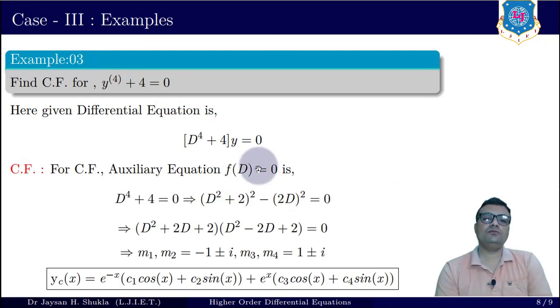Let us consider one more example. Suppose we have y^4 + 4y = 0. Sorry, I should say that carefully: (D^4 + 4) y = 0. In that case, what will happen?